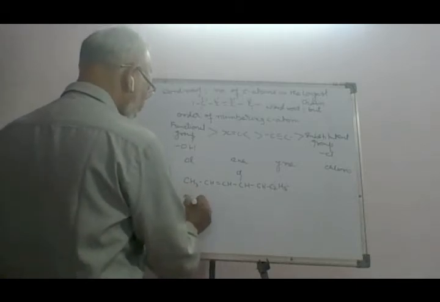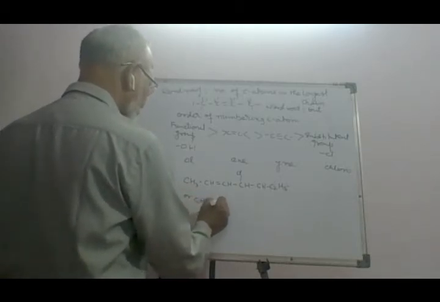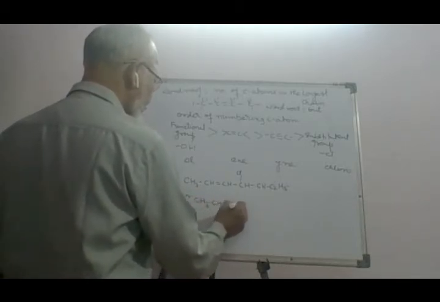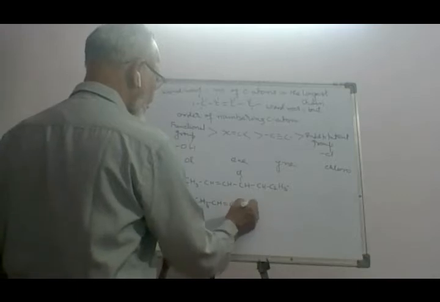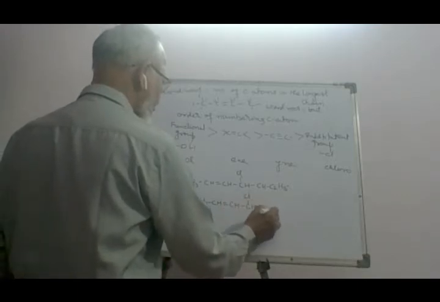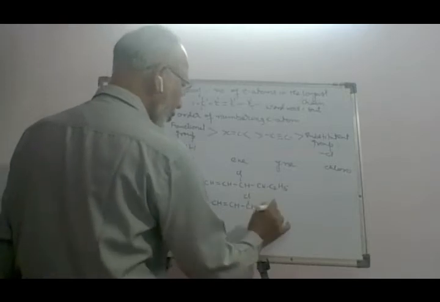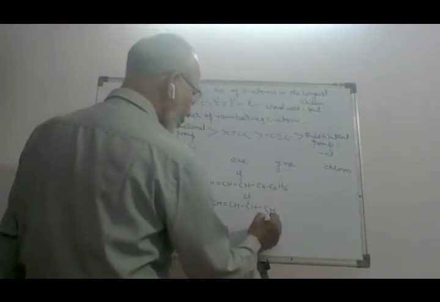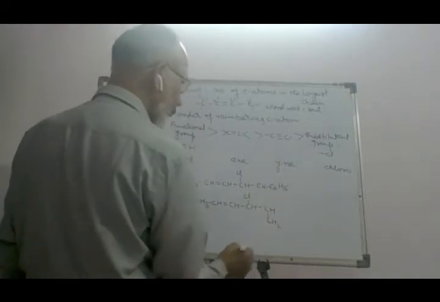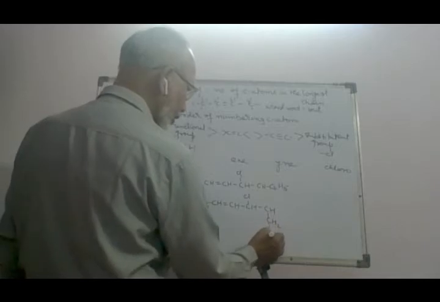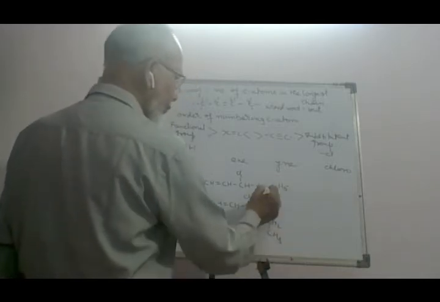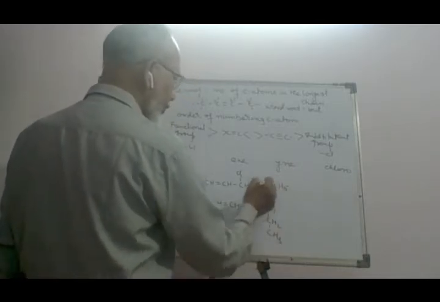This can be written as CH3, CH, double bond CH, single bond CHCl, CH2, CH2, CH3. It should be CH2, C2H5.